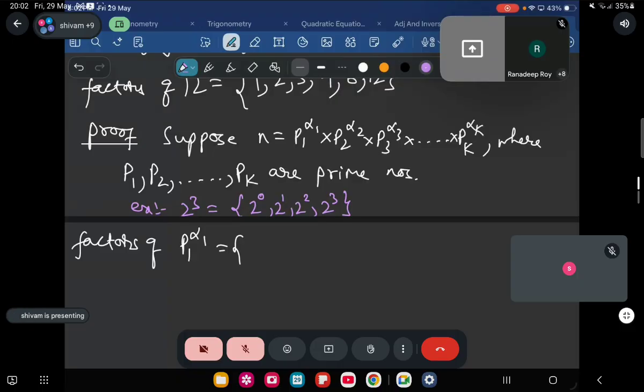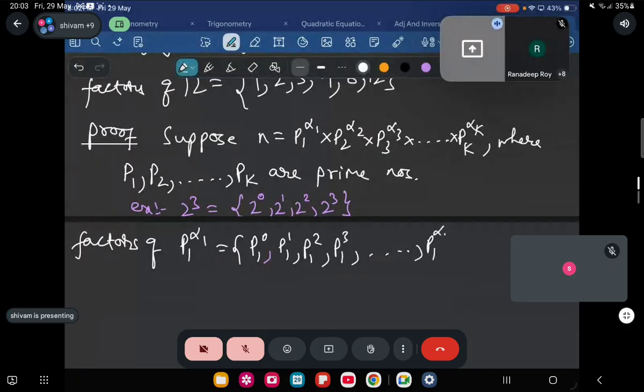So everyone, okay, so factors of P1 to the power alpha 1 will be equal to P1 to the power 0, P1, P1 square, P1 cube, up to P1 to the power alpha 1. Right.